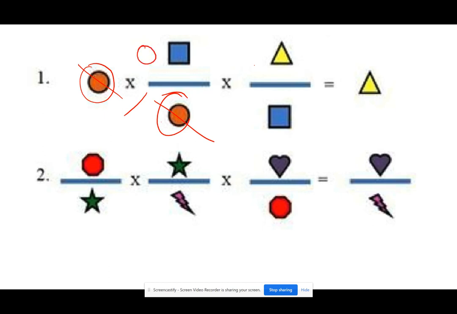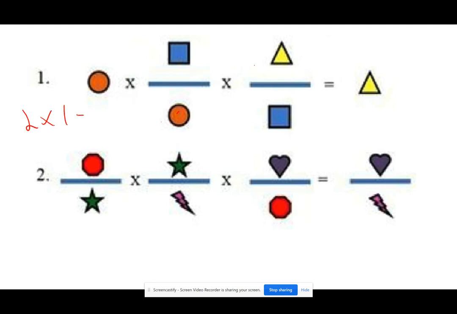You can imagine circle on top here, and triangle on top here. It doesn't really matter where they are because order doesn't matter when it's multiplication. When something is on the top and on the bottom, they equal 1. So 2 over 2 equals 1, circle over circle equals 1. If it's the same thing on the top and the bottom, it equals 1. And when I multiply something by 1, it doesn't change it.